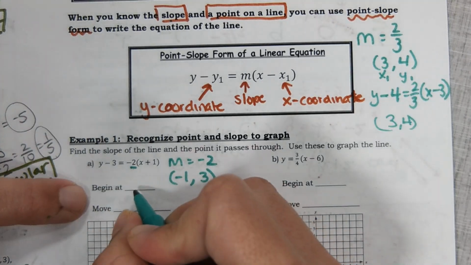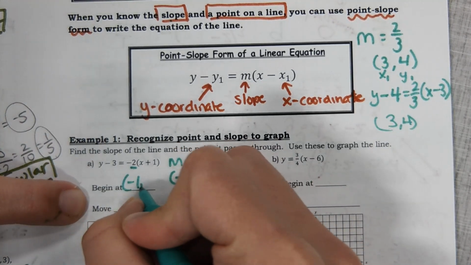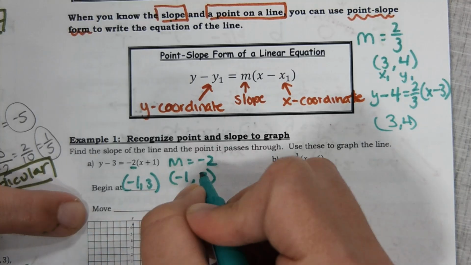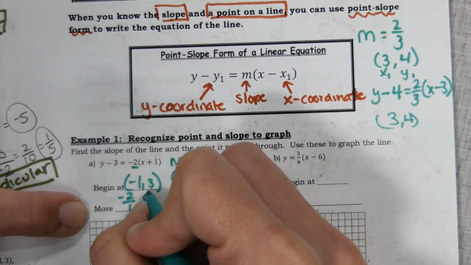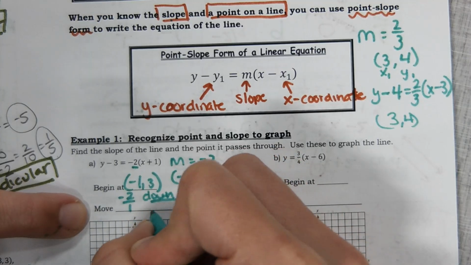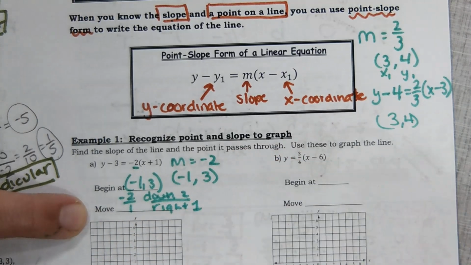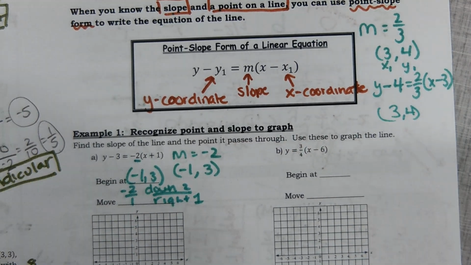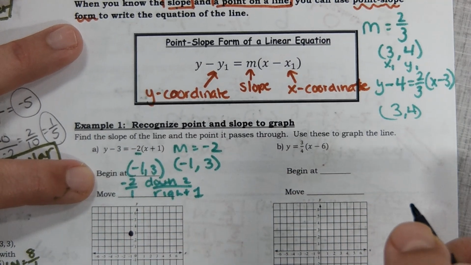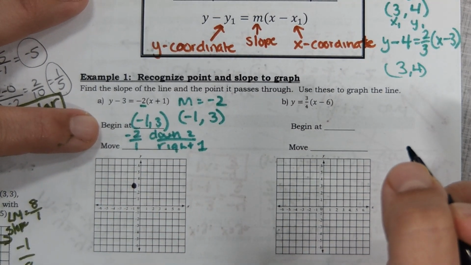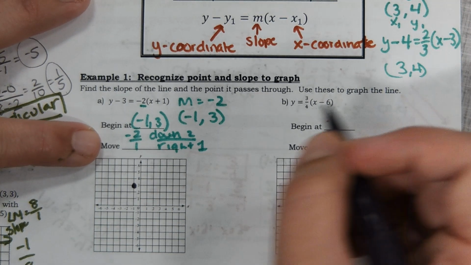So it says begin at -1, 3, that point, and then our slope is -2. So that'd be -2 over 1. So we're going to go down 2, to the right 1. Okay, so graphing -1, 3. And then our slope is -2.